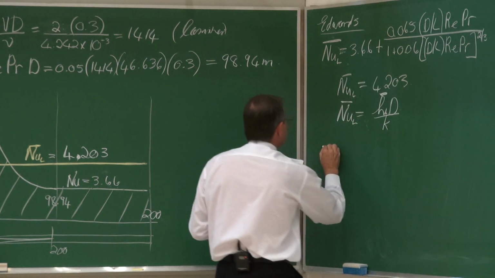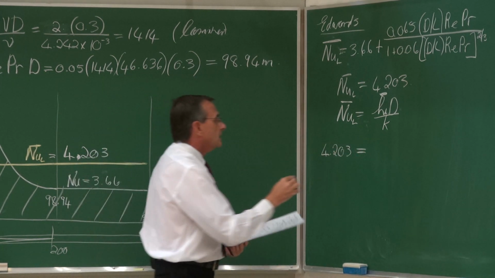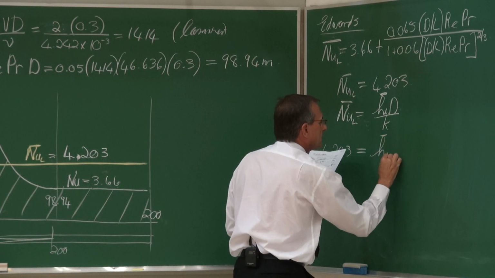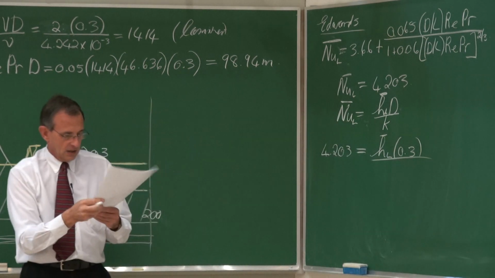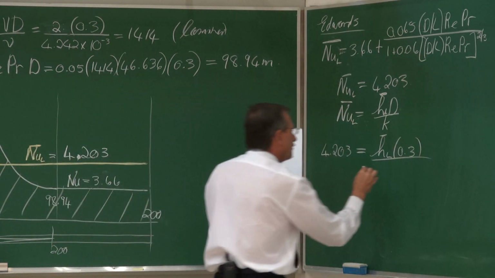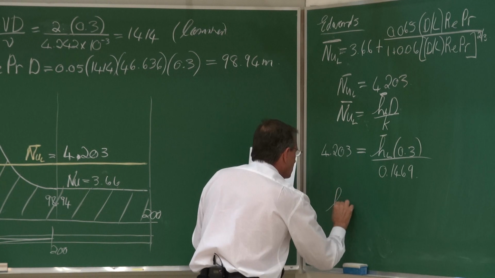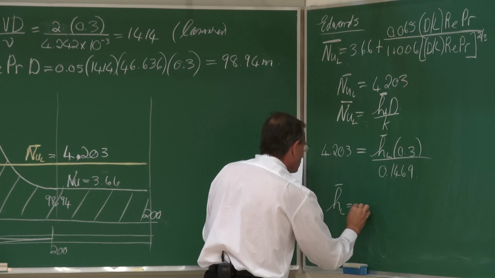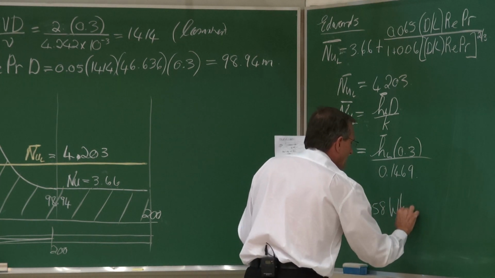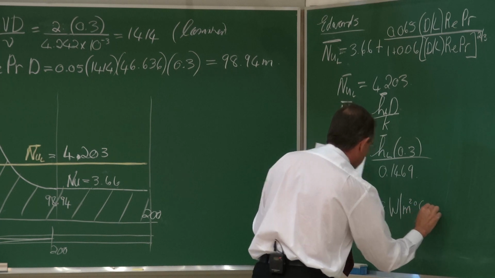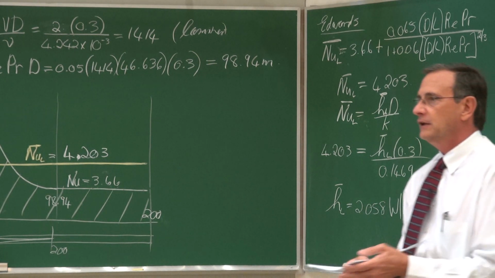The Nusselt number, we've calculated as 4.203, is equal to the heat transfer coefficient over the total length multiplied by the diameter, which is 0.3, divided by the thermal conductivity of the oil, which is equal to 0.1469. And then it gives us an average heat transfer coefficient over the total length of 2.058 watts per square meter degrees Celsius. Okay, not such a high value, but there's the value.